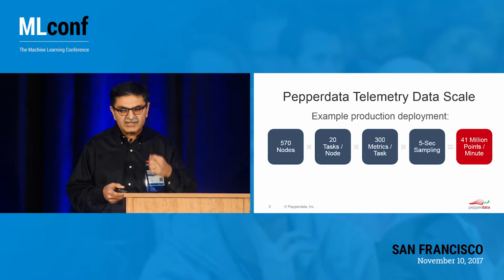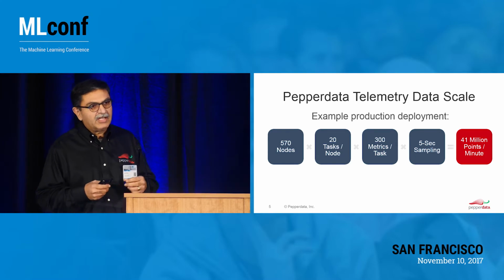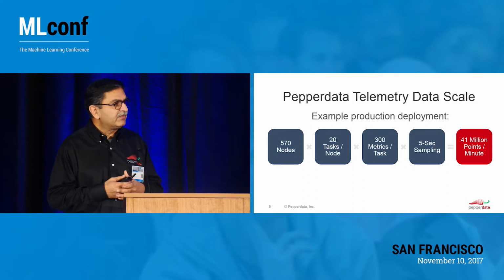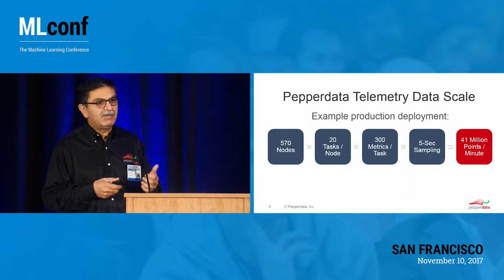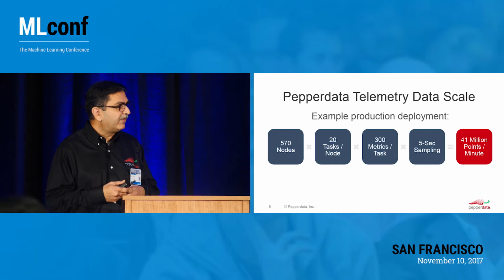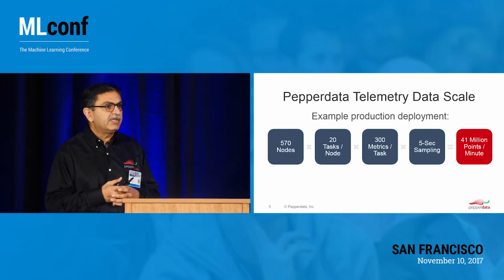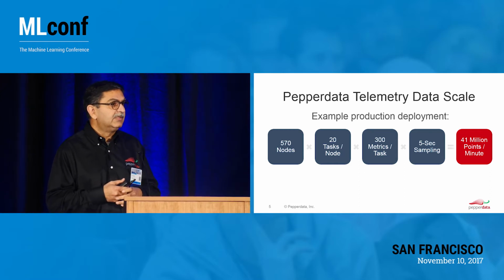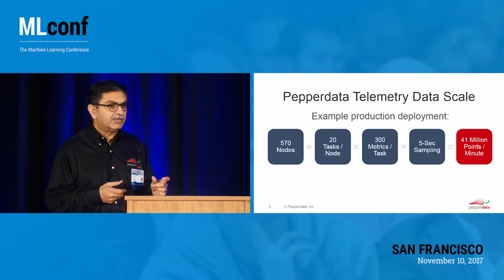To give you an idea of the size of the data set, this is from one of our customers: 570 nodes, about 20 tasks per node, 300 metrics. We sample it roughly every 5 seconds. It gives us 41 million data points per minute. And this is a small cluster, right?